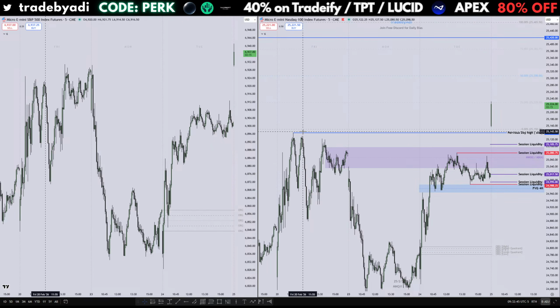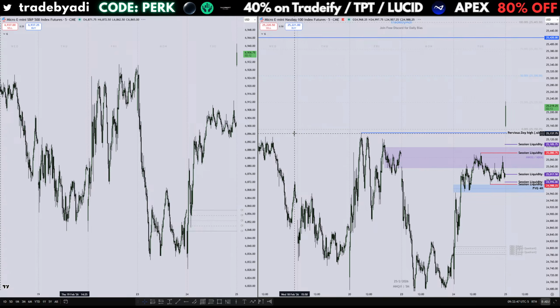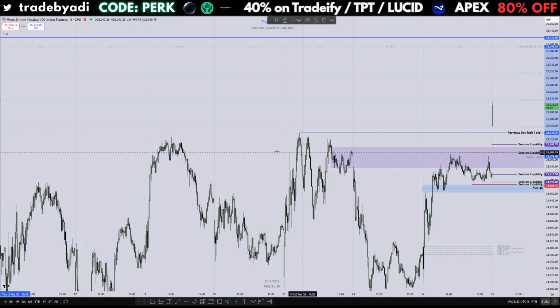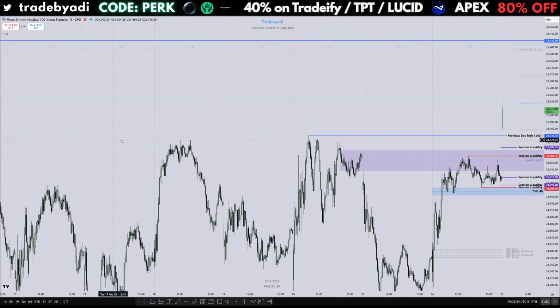We also open up to the buy side liquidity. So let me see. I don't know why my PC is lagging.